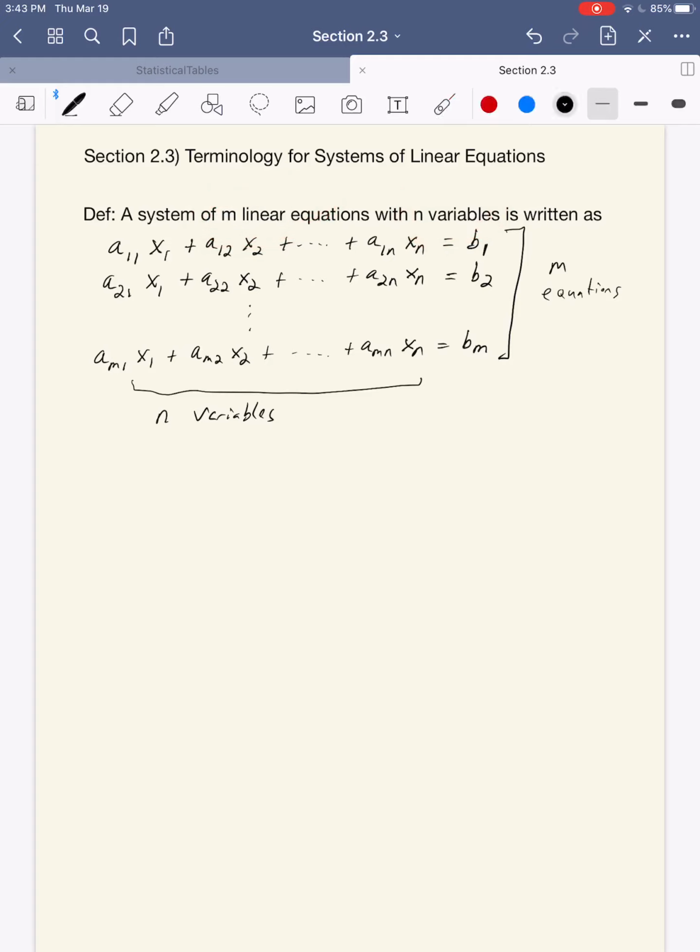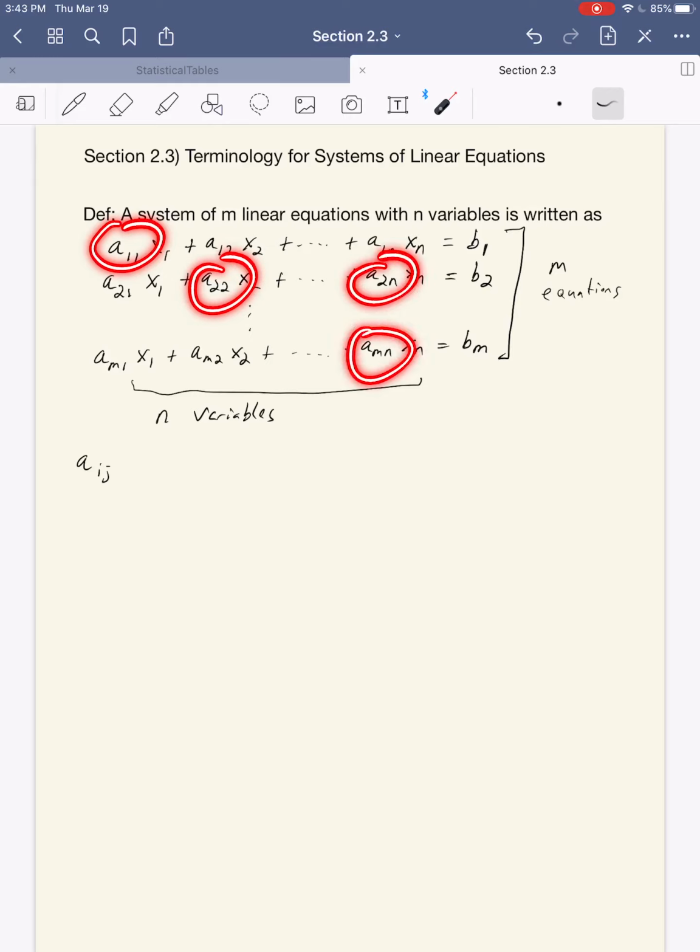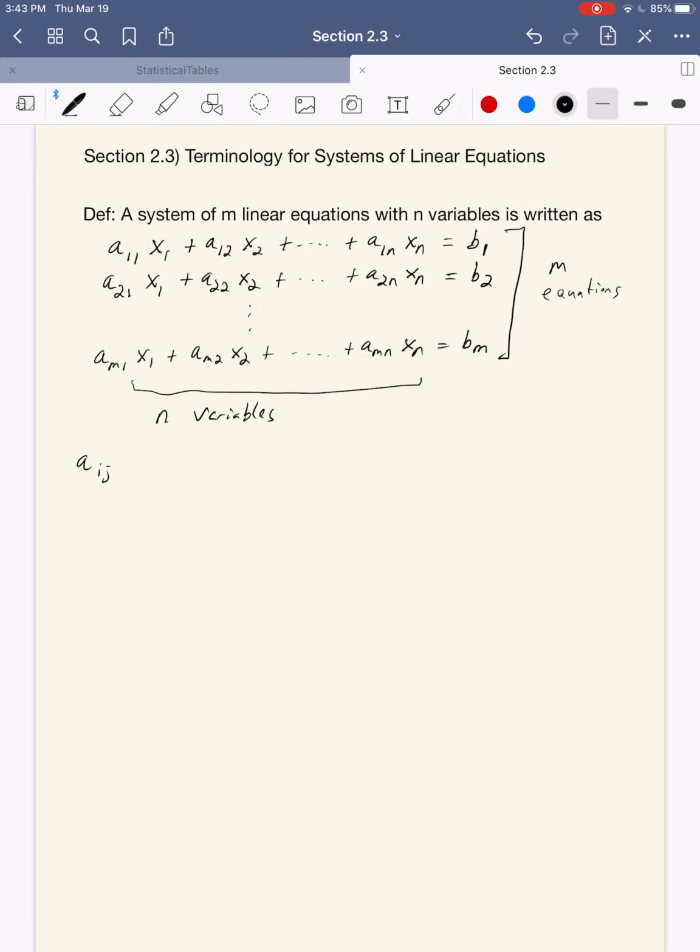Okay, let's talk a little bit about some names for these things. Even though it's not really necessary, and we won't use it too much, it's probably a good idea to have. These aij, all these things that you're seeing here, those are just constant values, and we call these the system coefficients. We call them coefficients because they're multiplied onto each of the variables. Then those xi that you're seeing, those are our variables.